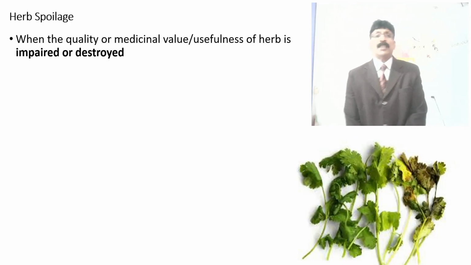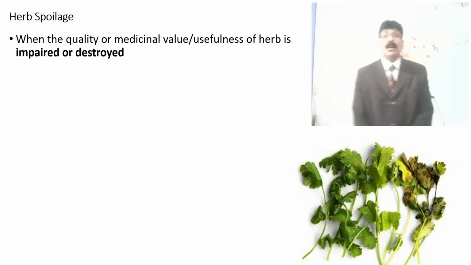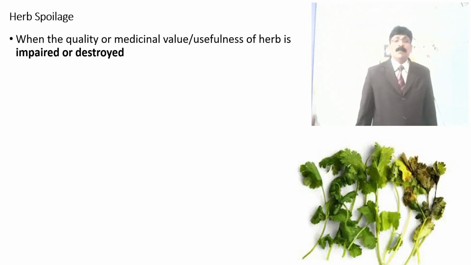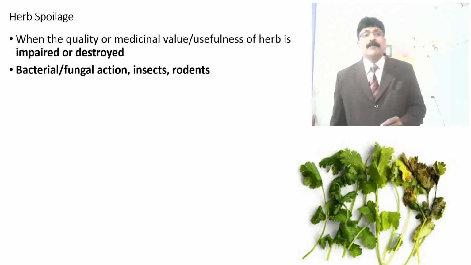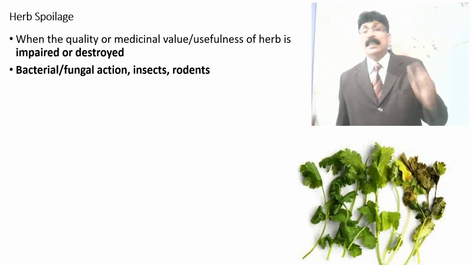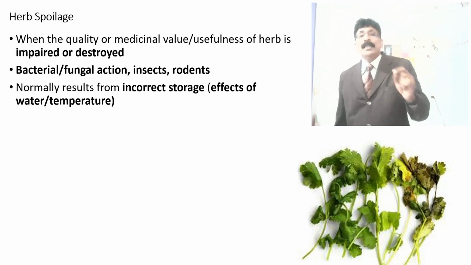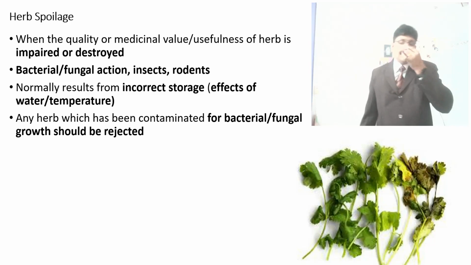Then herb spoilage means getting spoiled. You can see the picture, the leaves, how it is spoiled, when the quality, medicinal value and usefulness of the herb is impaired or destroyed. Bacterial, fungal action, insects, rodents. Normally results from incorrect storage, which affects the water and temperature and will affect mold development.